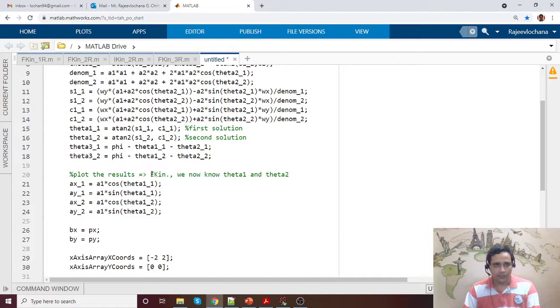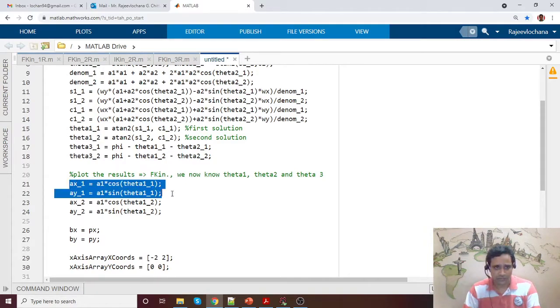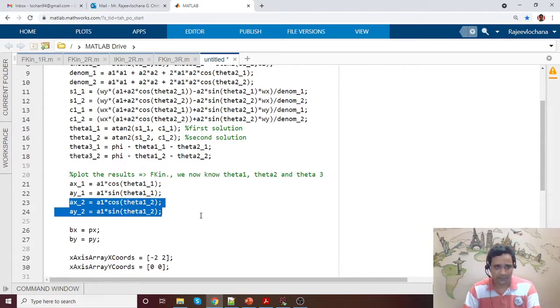Okay, so once we have the angles, we know theta 1, theta 2 and theta 3. Forward kinematics is straightforward because we know that it is one after the other. A1, AX, AY for the first solution, AX, AY for the second solution, that is the tip of the first point.